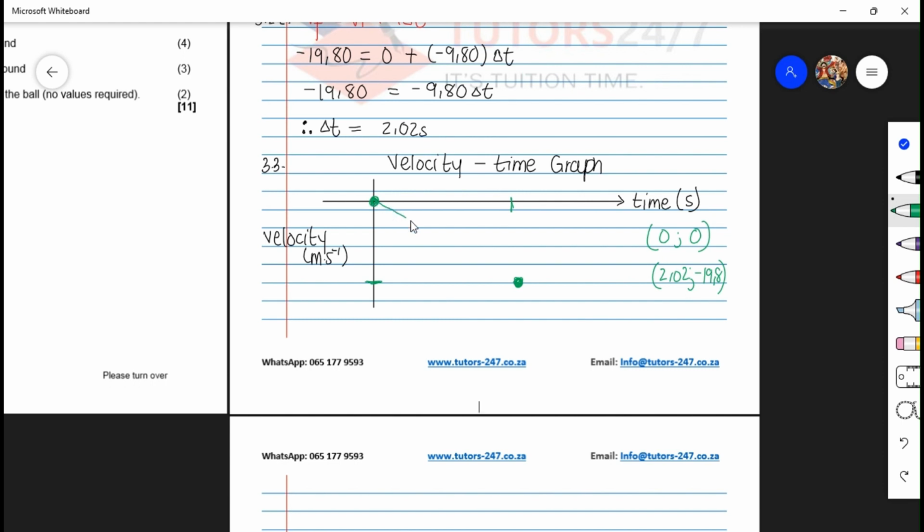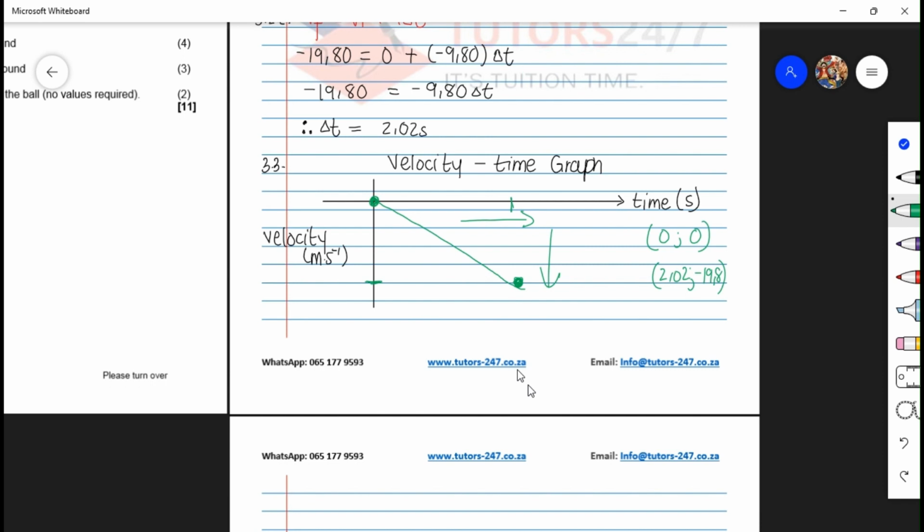So all we need to do is draw a line that is moving in the positive x direction and the negative y direction. So as this moves in the bigger x direction, it is moving in the smaller y direction.